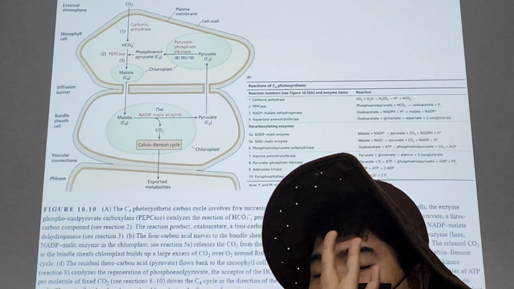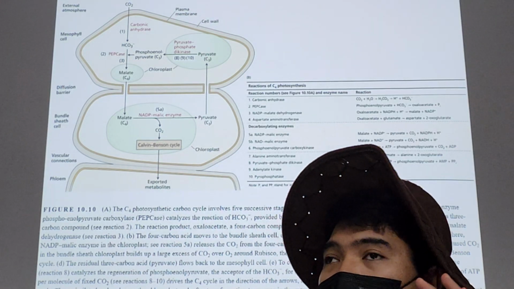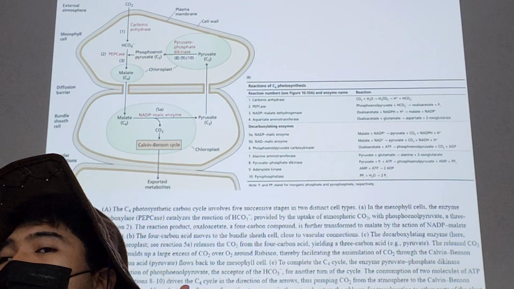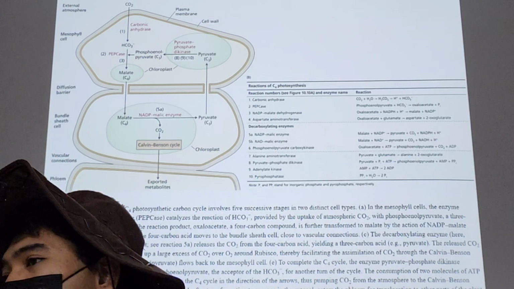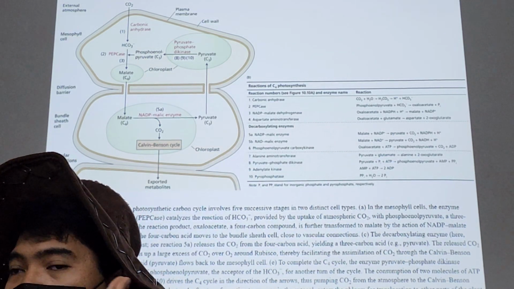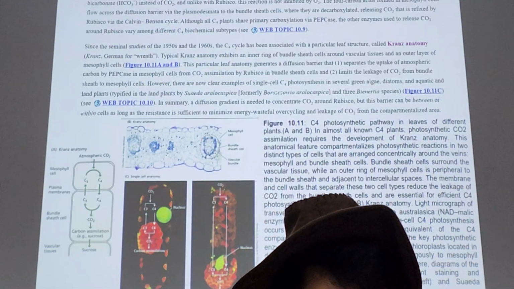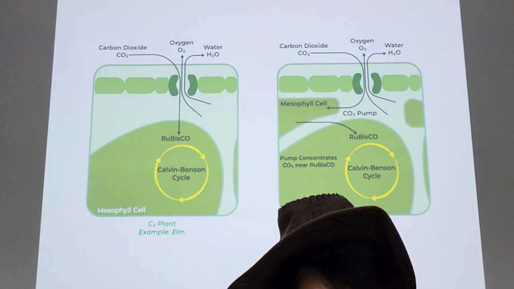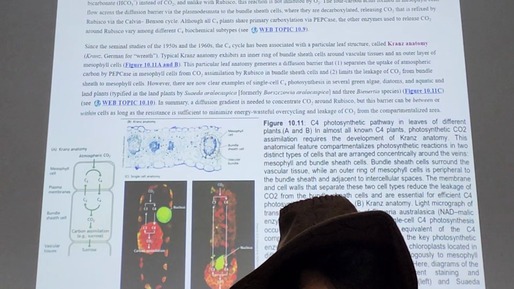These 3 enzymes are actually also the names of 3 variants of C4 plants. You see, C4 plants have variants as well, depending on the species. I'll show you in a bit.